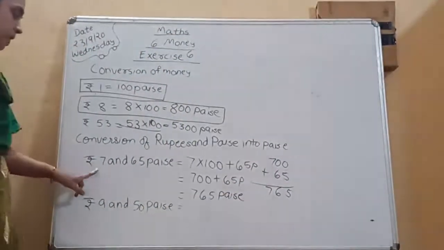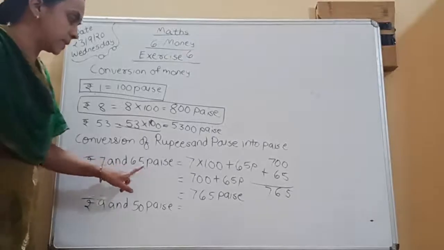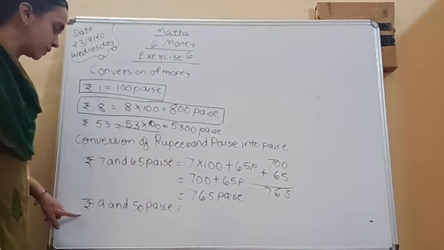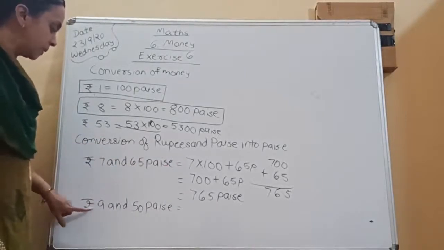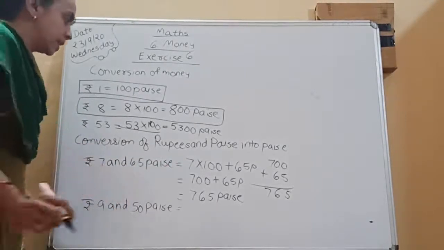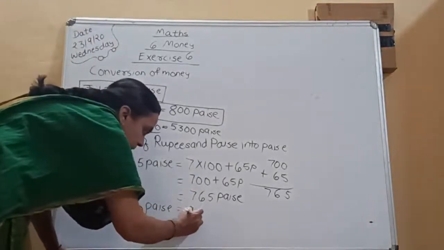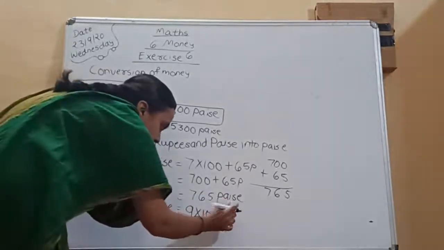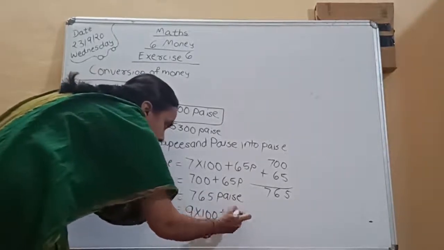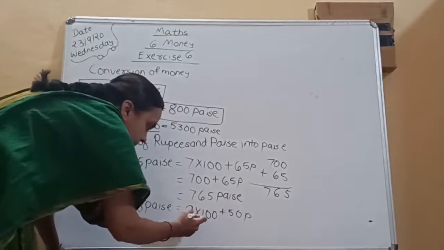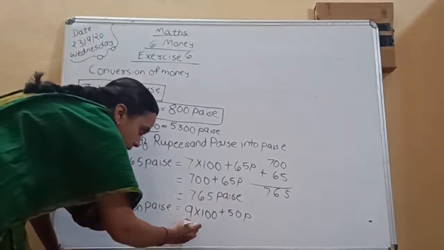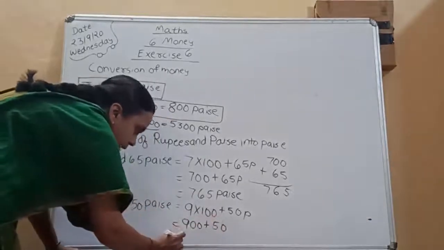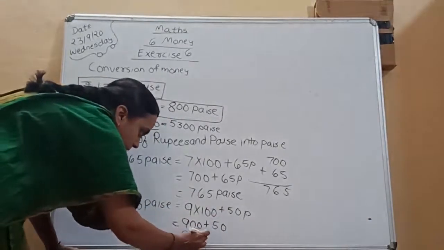Means 7 rupees and 65 paise means how many paise? 765 paise. Again now see one more example. Rupees 9 and 50 paise. So what we will do? 9 multiplied by 100 plus what is given here? 50 paise. 9 multiplied by 100 means what? 900 plus how much? 50. 900 plus 50 equal to 950 paise.